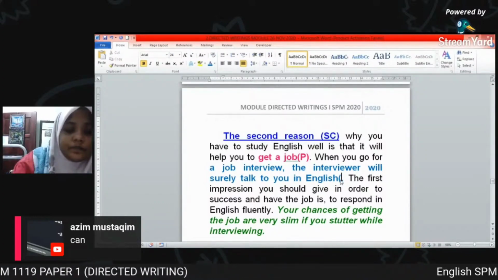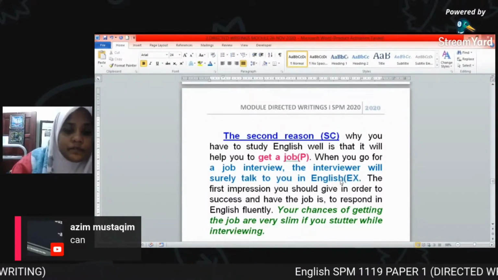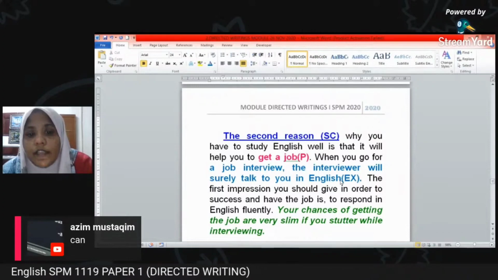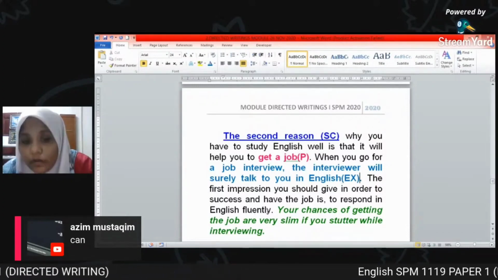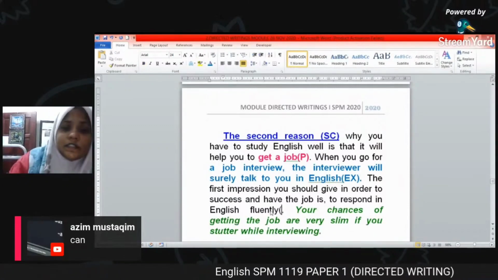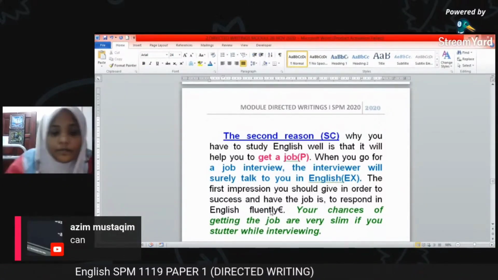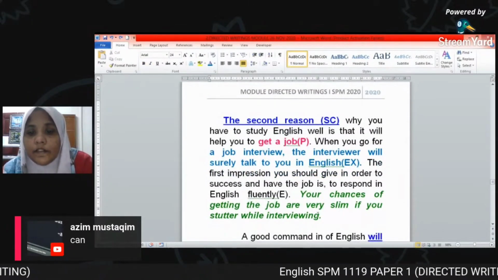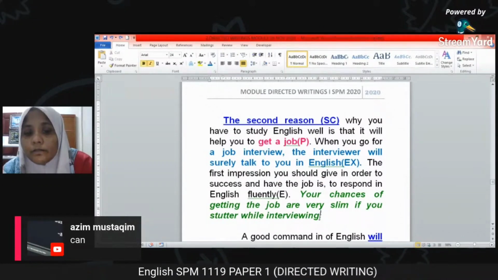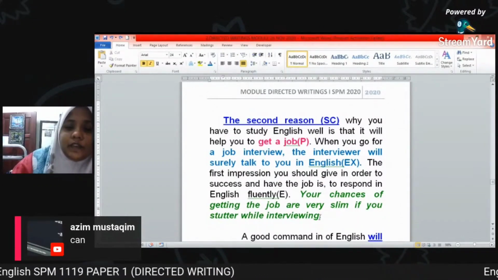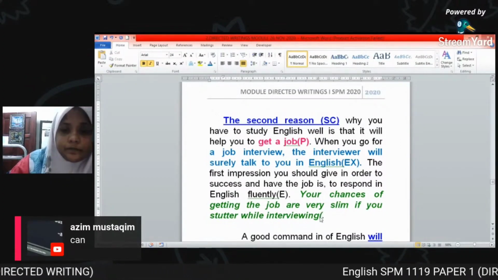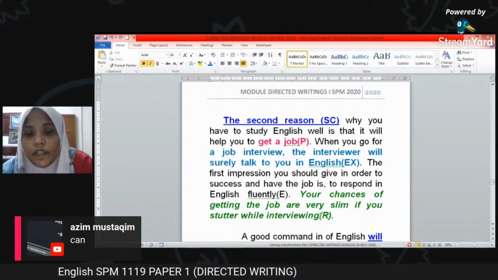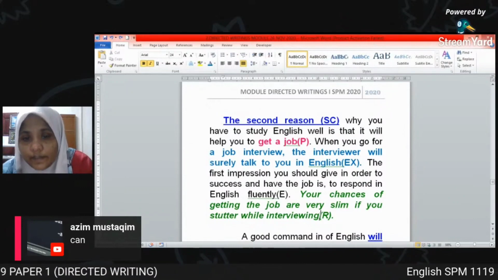This is an example. The first impression you should give in order to succeed and get the job is to respond in English fluently. So this is elaboration. Your chances of getting the job are very slim if you stutter while interviewing. This relates to the question: what if you're not good? Understand?